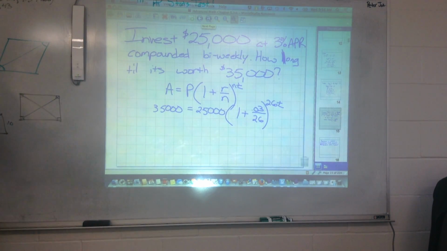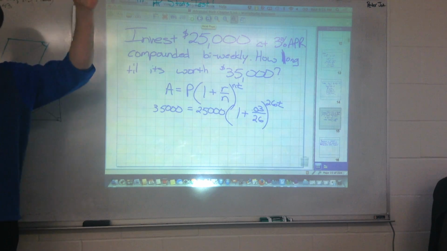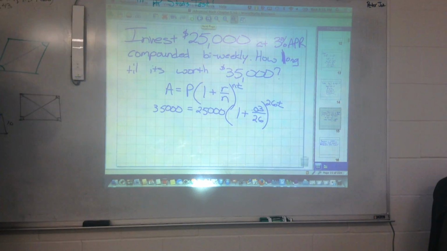Same process you're going to go through to solve. You want it to say something raised to your variable equals a number. So there's one thing we need to do first. Careful, not subtract in this case because that's not being added. Divide by 25 grand, okay, and you get 7/5 or 1.4.